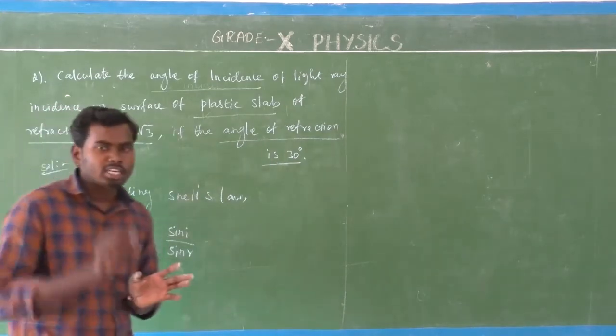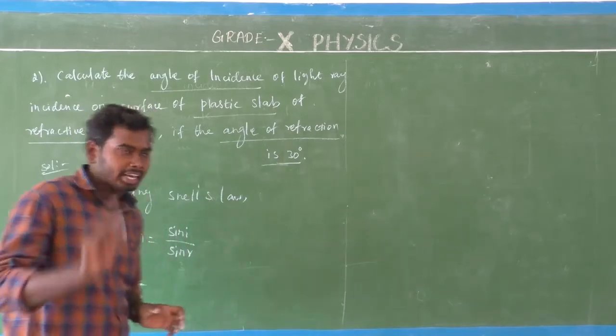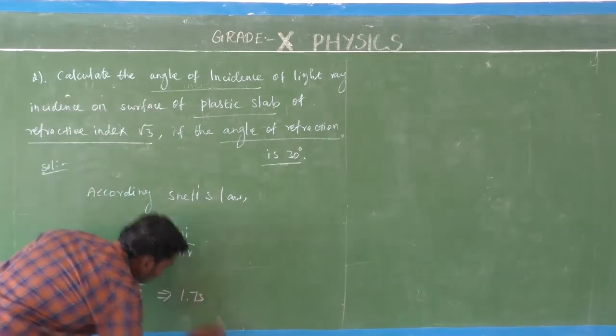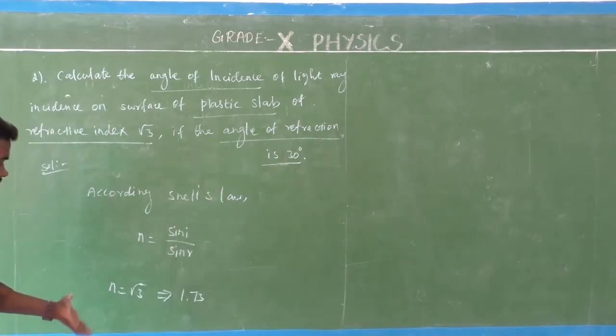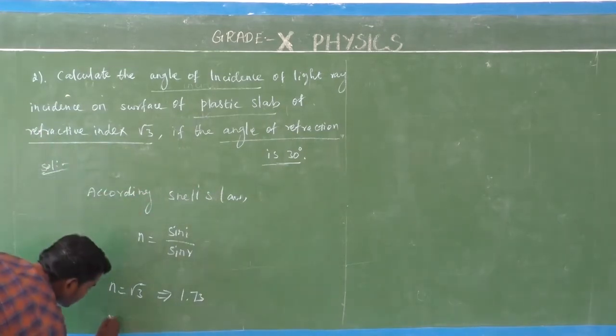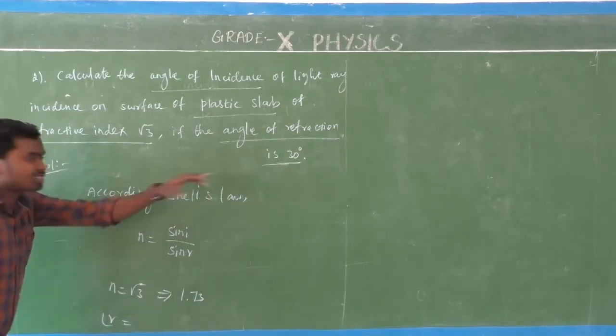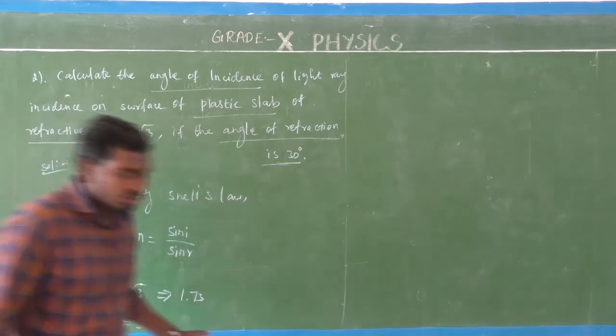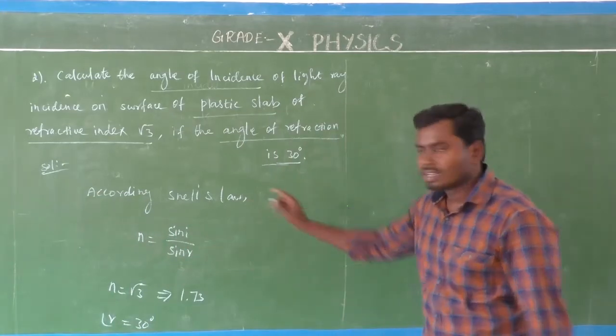Mathematically, √3 value is 1.73. Next, the r value is 30 degree. Substitute both values in Snell's law.